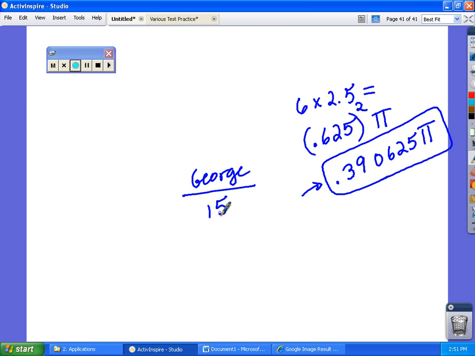So if I take 0.390625 times pi, and I divide that by 15, you get that the probability is about 8%, because you get 0.08. So the probability that you don't hit George would be about 92%, because it has to equal 100. And that is how you do those problems.